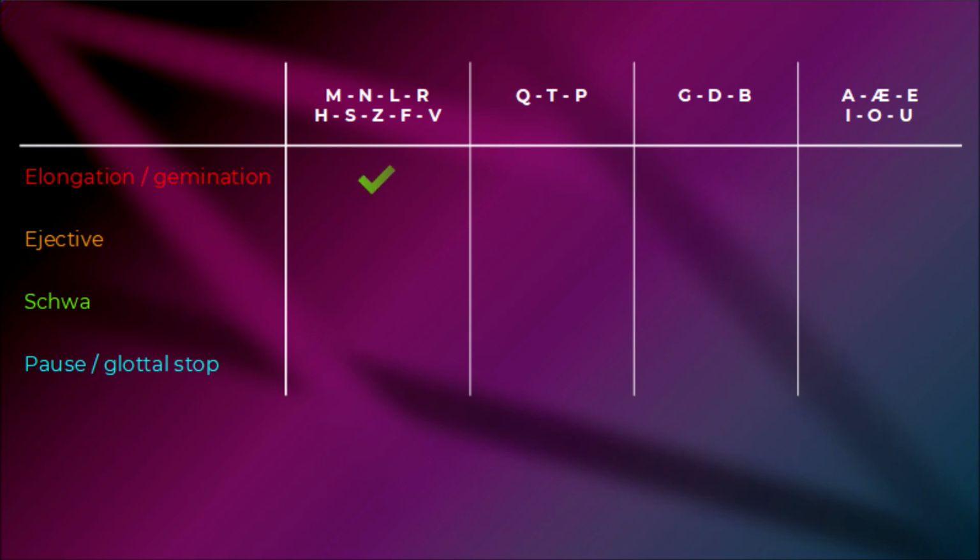Elongation or gemination may occur for the sounds rr, s, z, and v. The method of creating ejectives may only be done for the voiceless stops.